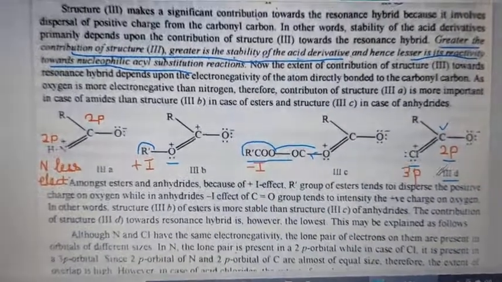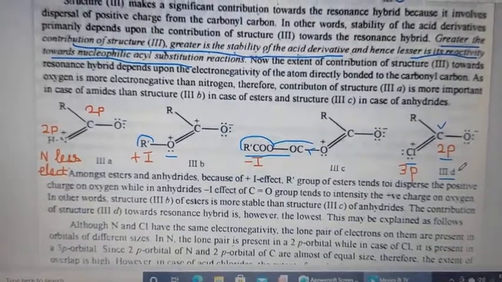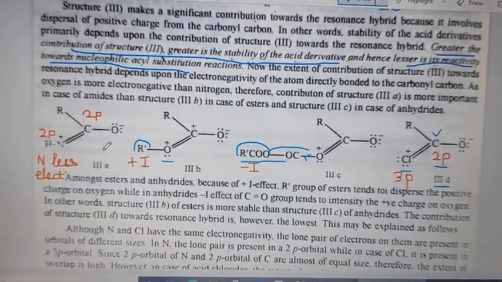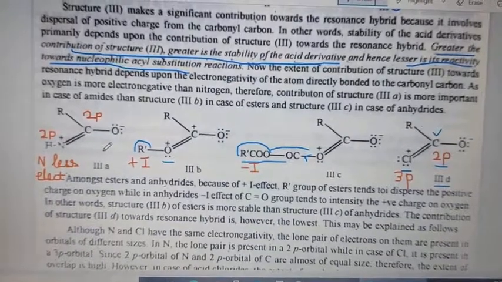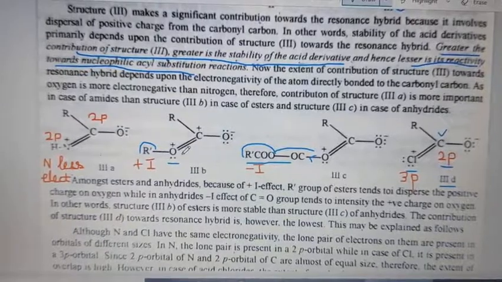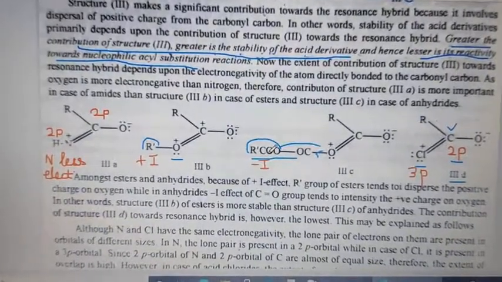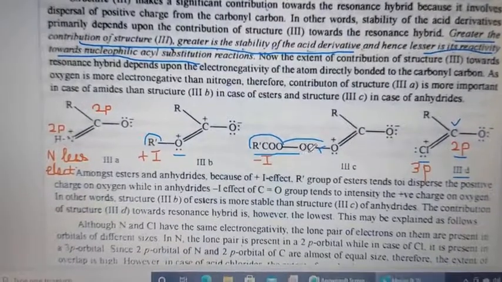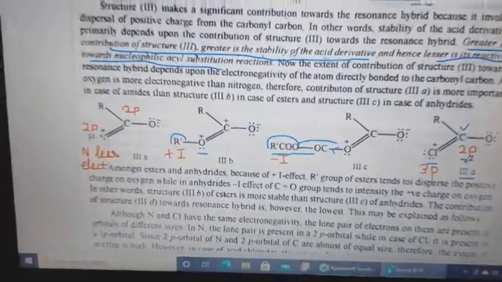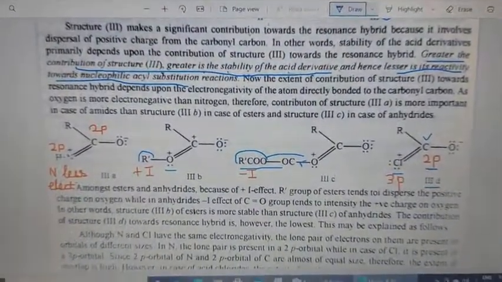So this is least stable in case of acid chlorides. So overall, the order of stability of structure 3 is: more stable in amides as compared to esters, that is more stable as compared to acid anhydride, and this is more stable than in acid chlorides. So least stability of this structure is in case of acid chlorides.